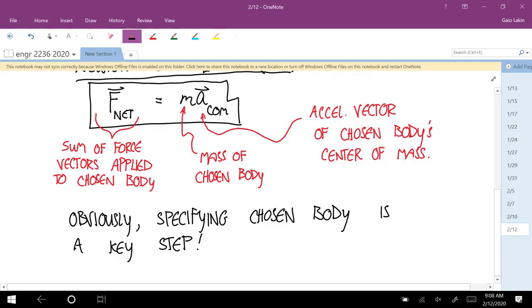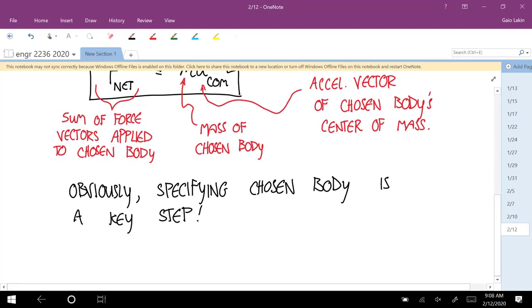And so to be clear to ourselves, and I guess whoever is looking at our calculations, about what the chosen body is, what the boundaries of the chosen body are, we're going to draw free body diagrams. And you need to draw a free body diagram for every application of Newton's second law. Okay.